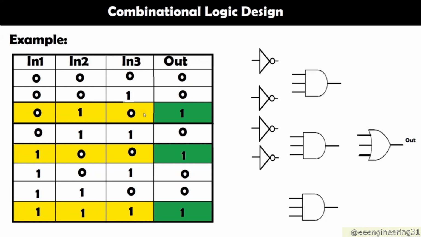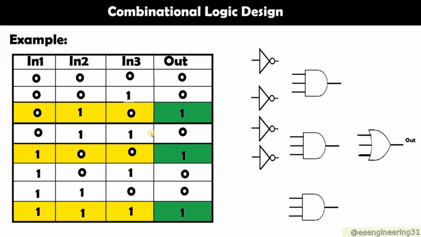Now, when you check the combination, you're saying I want input 1 and input 2 and input 3 to be at a certain state. This is why you need an AND gate right here. You need three of them, right? One for this, one for this, and one for this case right here.